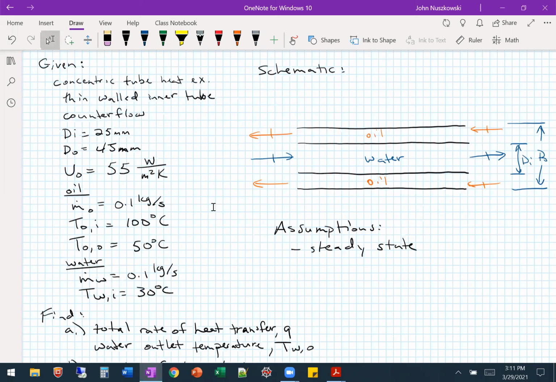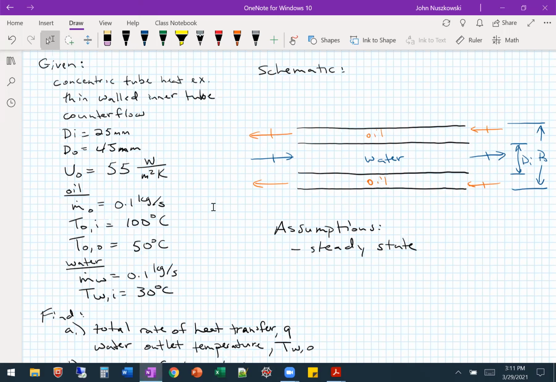So you have flow in one direction of oil, water in the other direction, right? They give us the diameters, the overall convection coefficient. We have mass flow rate, the inlet and outlet of the oil. We have mass rate and the inlet of the water, okay? And a whole bunch of properties.